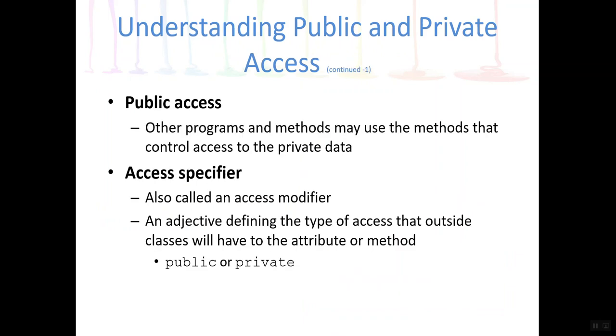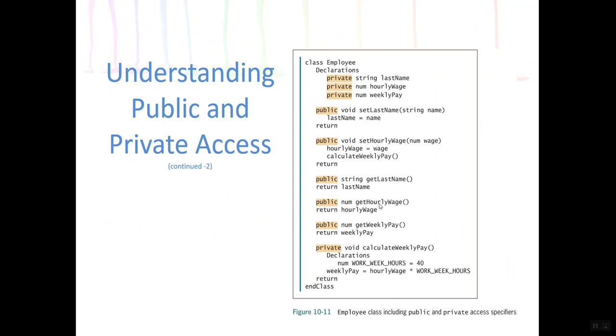So again, either public or private, those are called access specifiers. And we place them at the front before our variables, as well as right before our definition of each one of these methods. So here we see private on the same line as string last name.